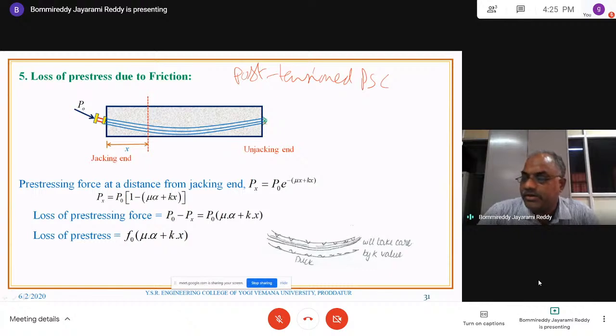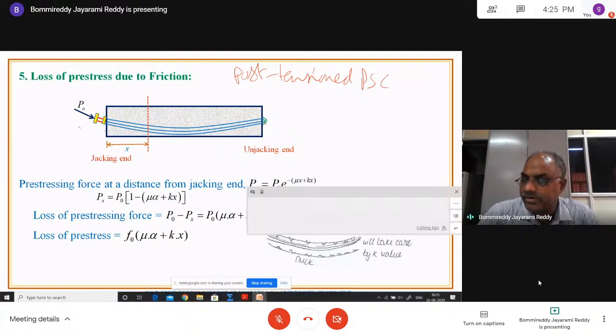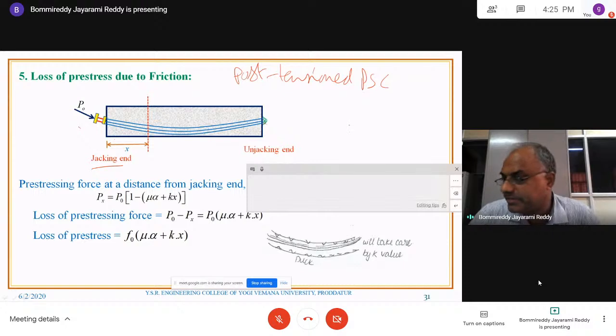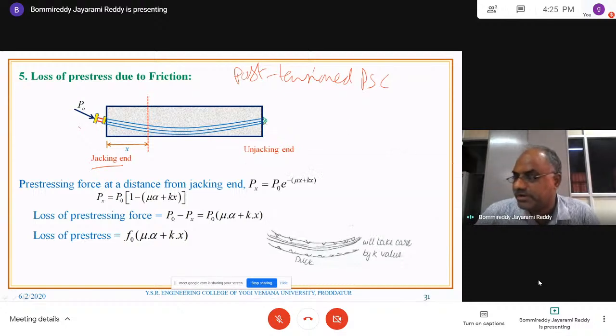At the other end, the cable passes through the jack. This is called the jack, and you can call it the jacking end. By means of the jacks at the jacking end, the tension is applied onto the cable.